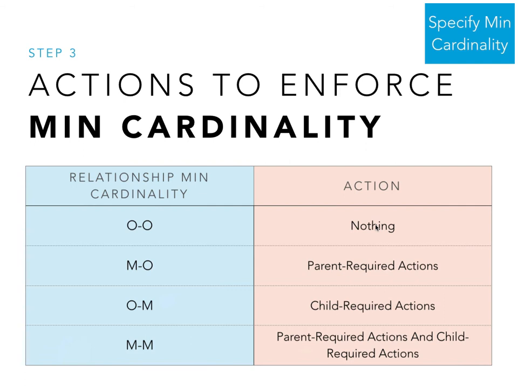If it's mandatory optional, which means the parent is mandatory and the child is optional, then you have to do all the parent required actions, that first table that I showed you. You'd have to follow those when those events happen to make sure that you continue to enforce the minimum cardinality requirements, that the parent is required. On the OM, that's the reverse. In that case, we would do everything in the previous table with the child required actions.